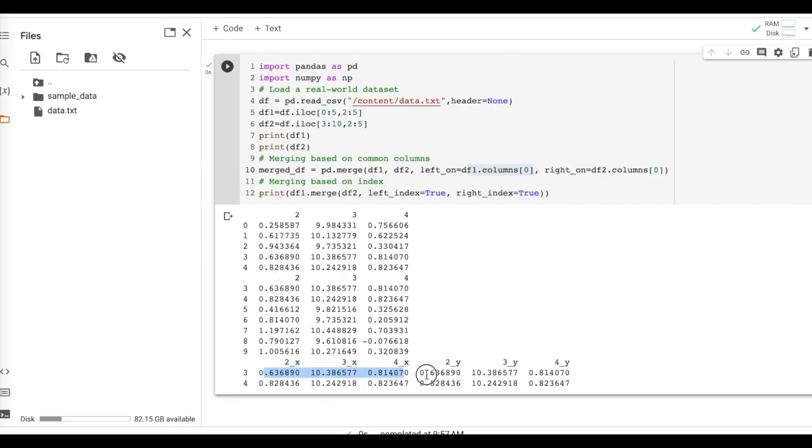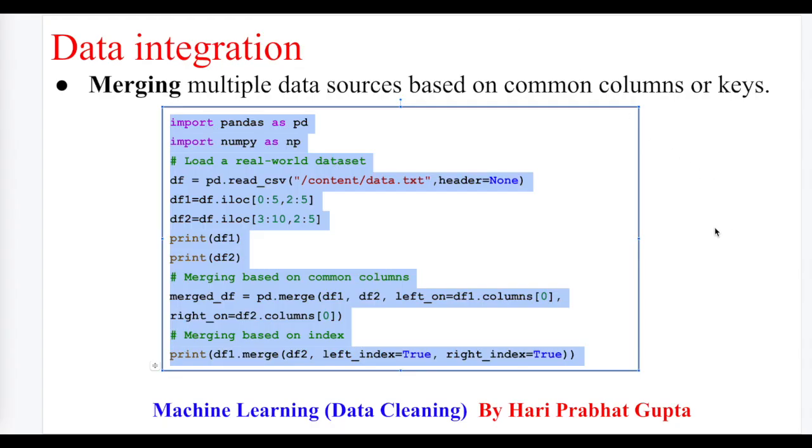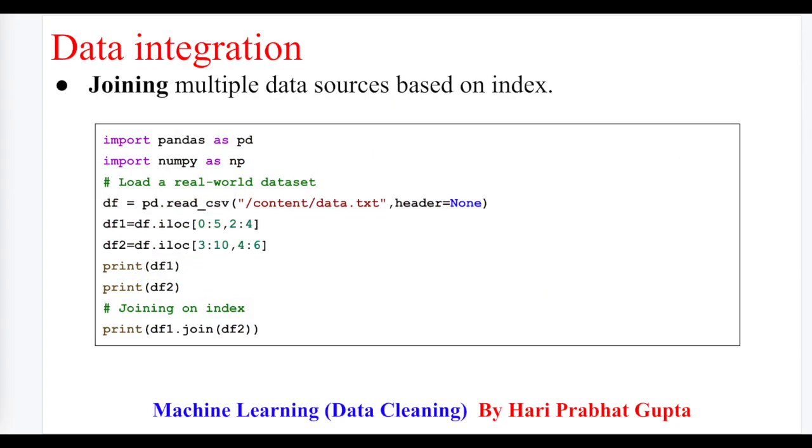So here you can see that this is the only result. Why? Because they consider this row and this row, and they put this one at x, that means the left side, and this at the right side. So this is all about merging in data integration preprocessing in Python programming.